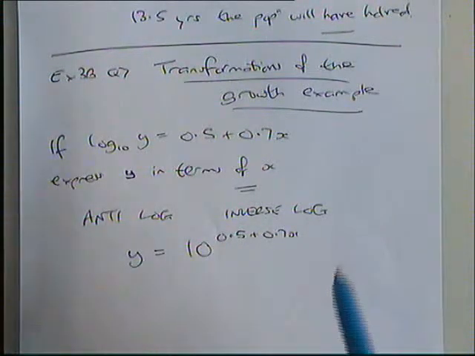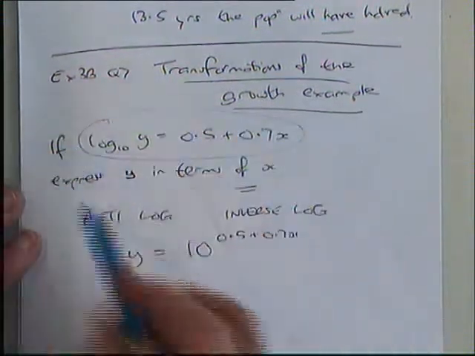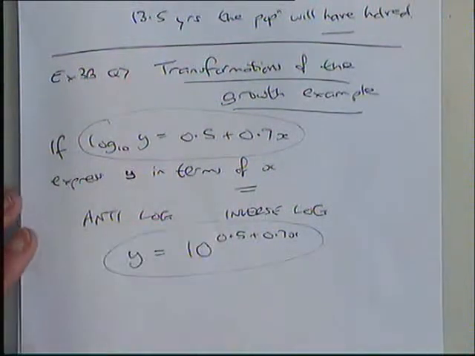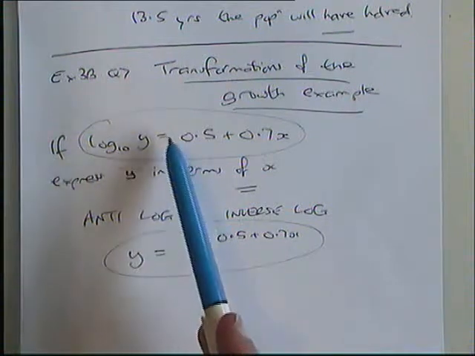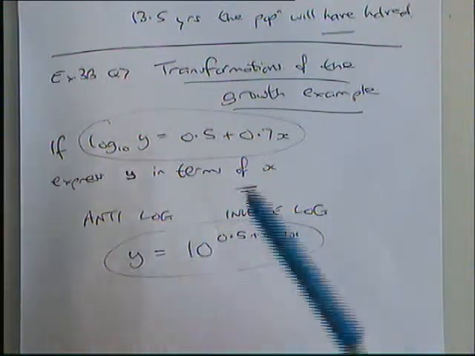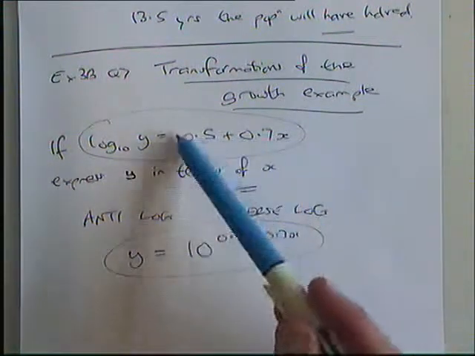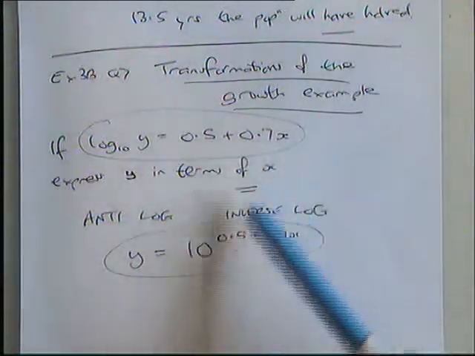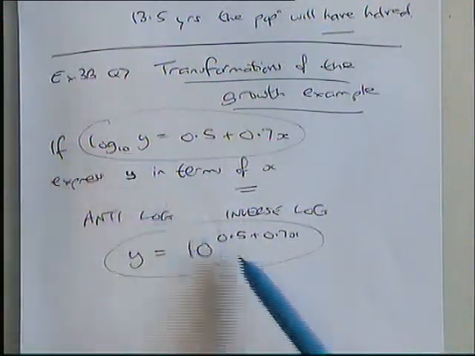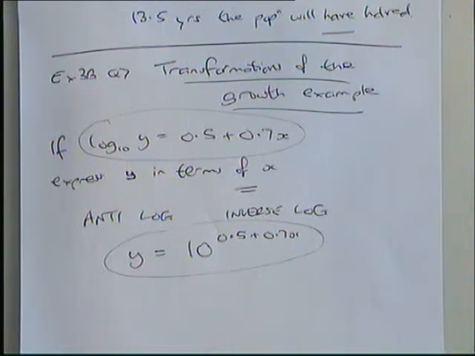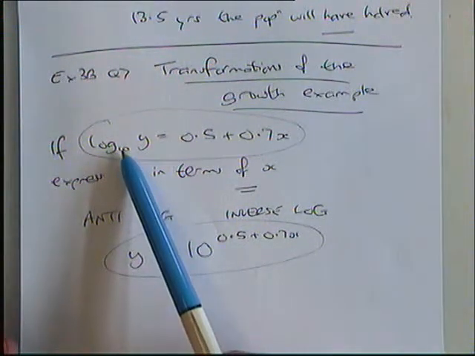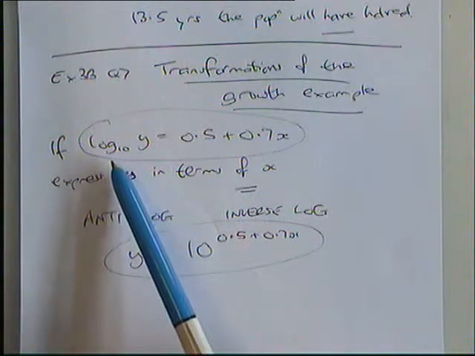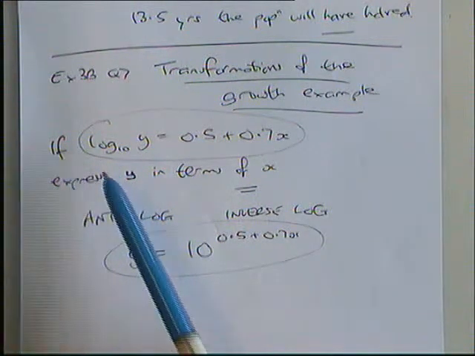Anti-logging means if it's log of something, the log disappears, and if it's just some sort of mathematical expression, it's this number to that power. And in your books, if there's no number, if it just says log, it means log to base 10, and that's the log button on your calculator.